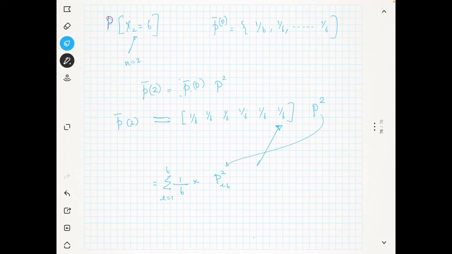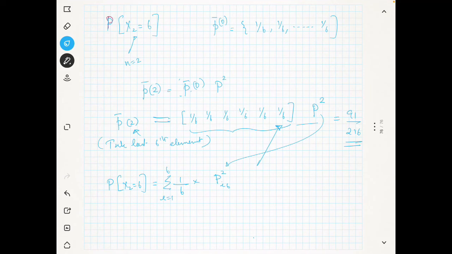This is nothing but the probability that x2 is equal to 6. So you can do it in two different ways. You can multiply using this matrix multiplication and take the sixth element from this product. Then you can check it, you will get this answer anyway as 91 by 216. This is the answer.